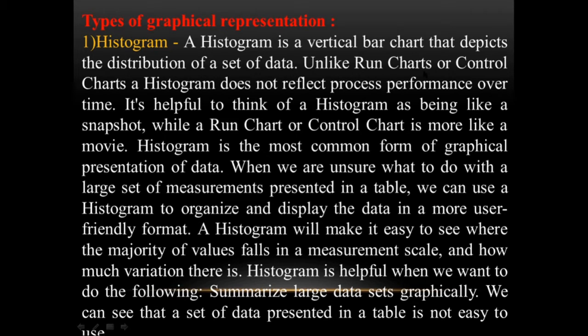Unlike run charts or control charts, a histogram does not reflect process performance over time. It's helpful to think of a histogram as being like a snapshot, while a run chart or control chart is more like a movie.